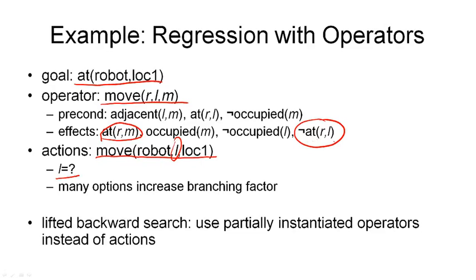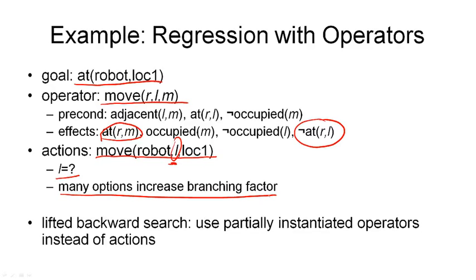In the backward search we've considered so far, we've only looked at actions for regressing goals to sub-goals. So what we could do in our algorithm is simply replace this value l through all possible constants that are of the right type. But if there are many places from which we can move to location 1, that means there are many options, and that increases the branching factor in our search unnecessarily.